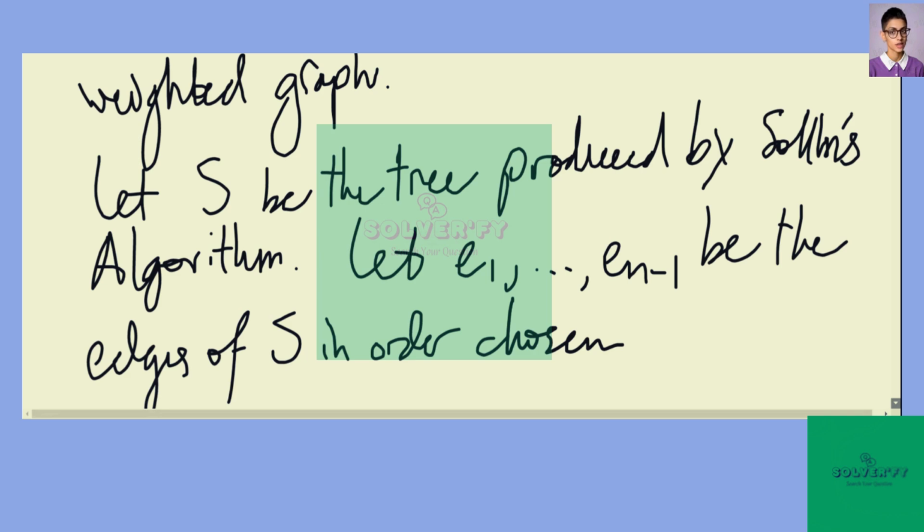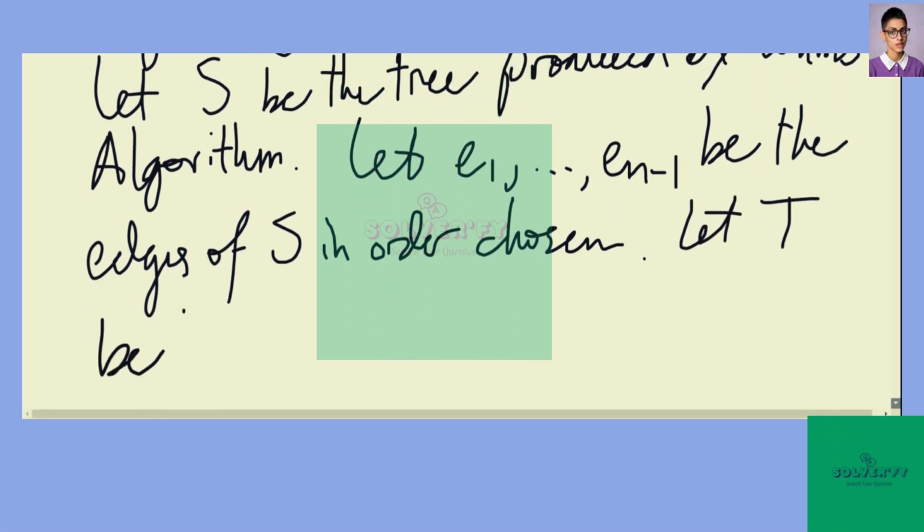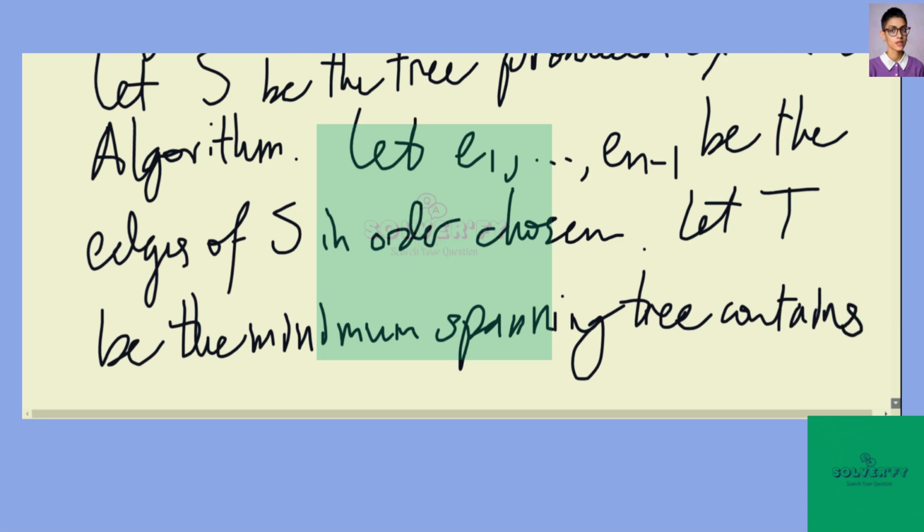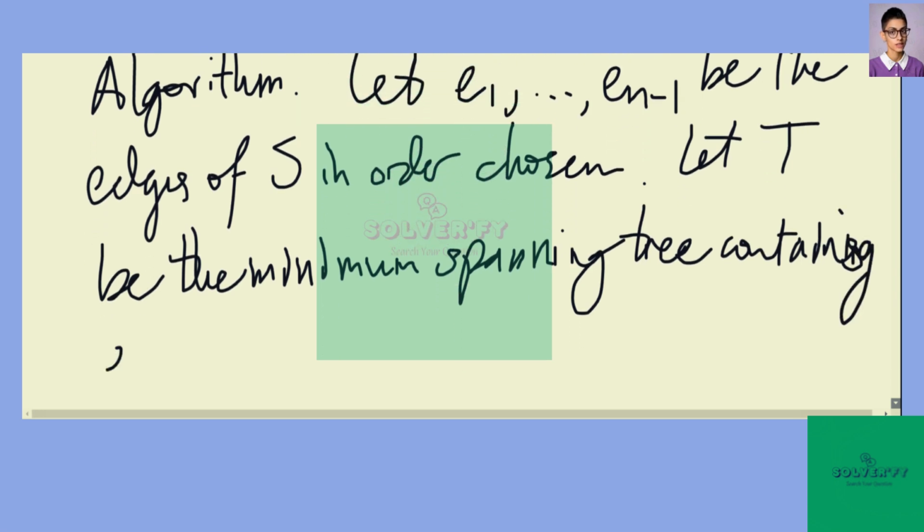And now, let T be a minimum spanning tree that contains all the edges E1 through EK, where K lies between 0 and n minus 1.